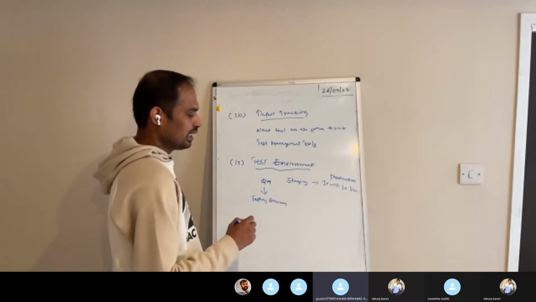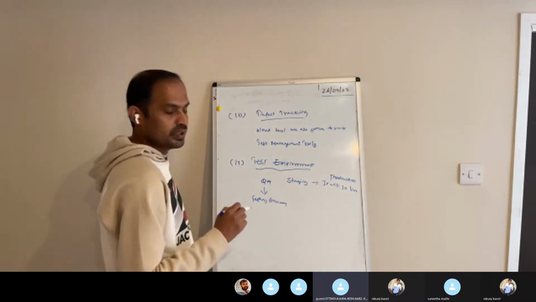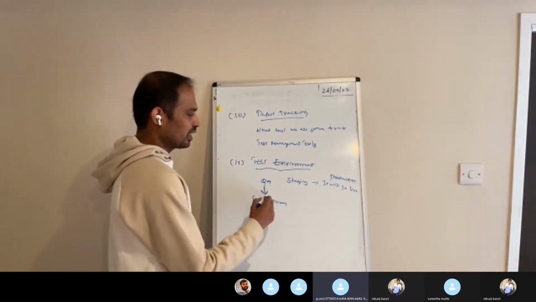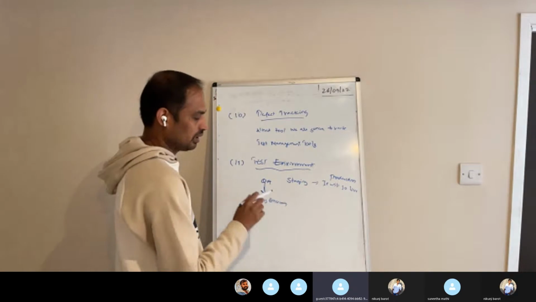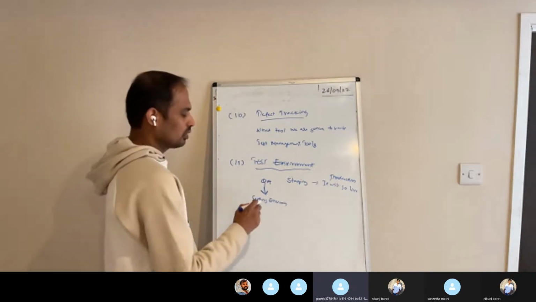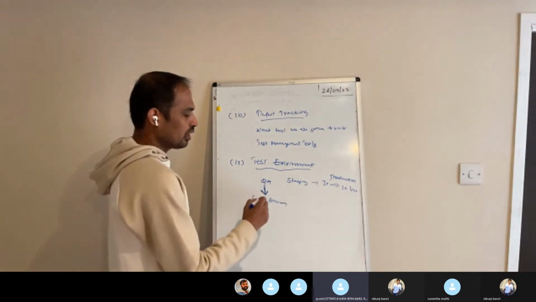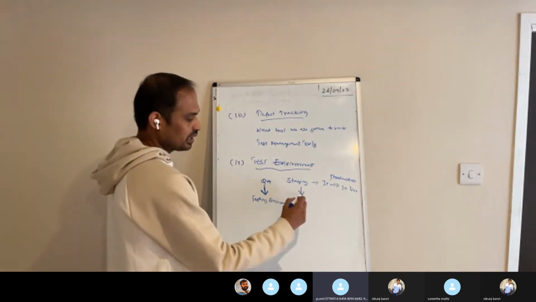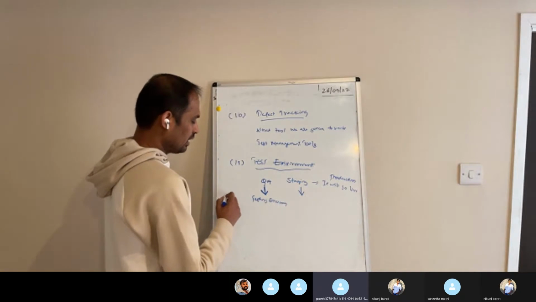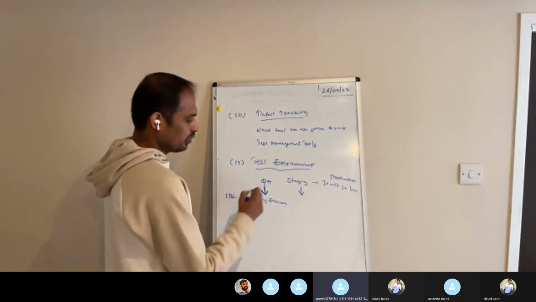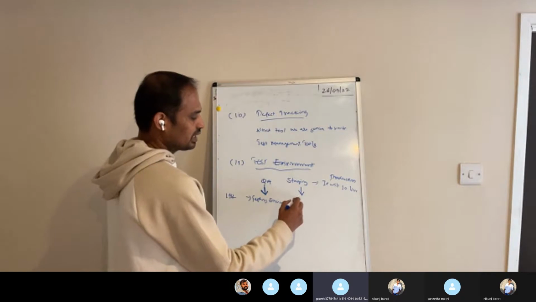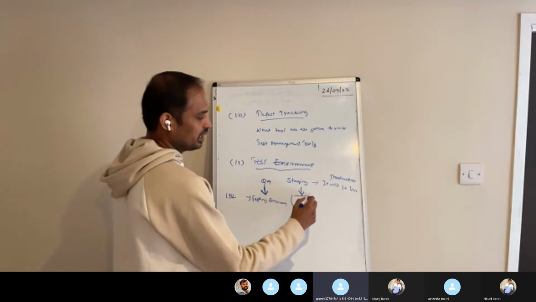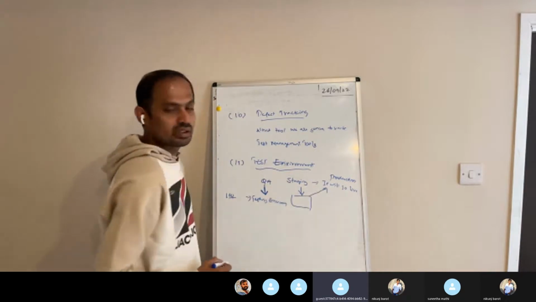Because it is just a testing environment, it won't be similar to production, or only a little bit similar. So a few features we are not able to test in the testing environment. That's why we are gonna test again. Suppose 100 test cases that we have tested in the QA environment, the same will be tested in the staging environment. The staging environment will be similar to the production environment.